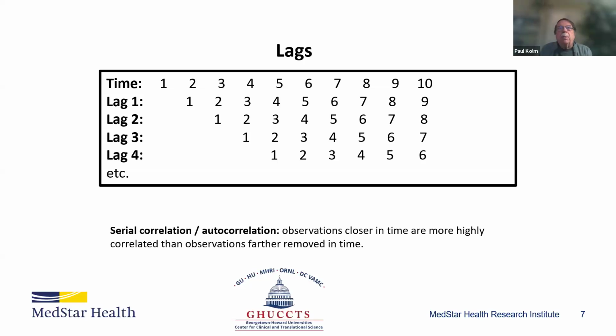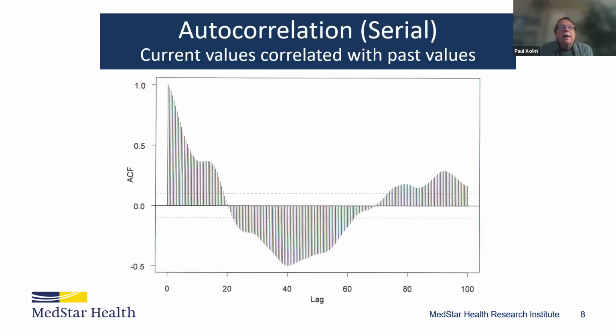And we can plot the correlations over the lags, however many lags we have. And so you'll get a graph that'll look something like this, where we have the ACF, the autocorrelation function, what you call autocorrelation or serial correlation.